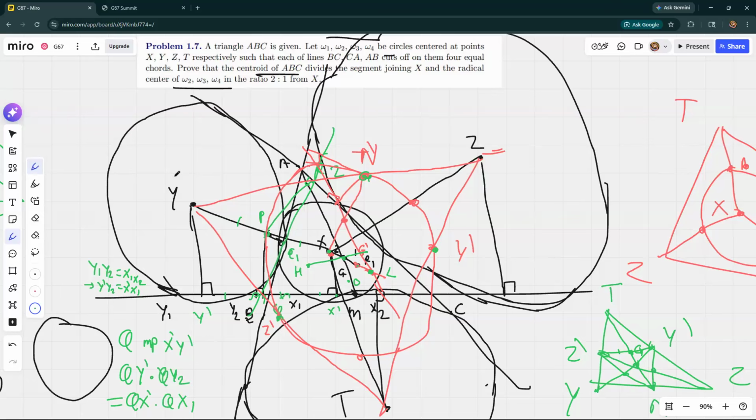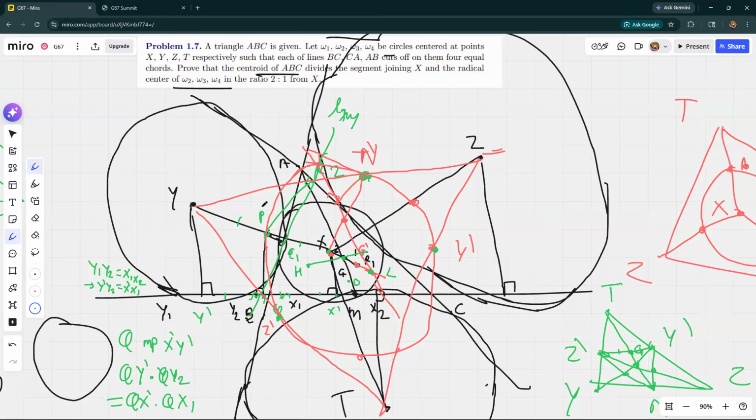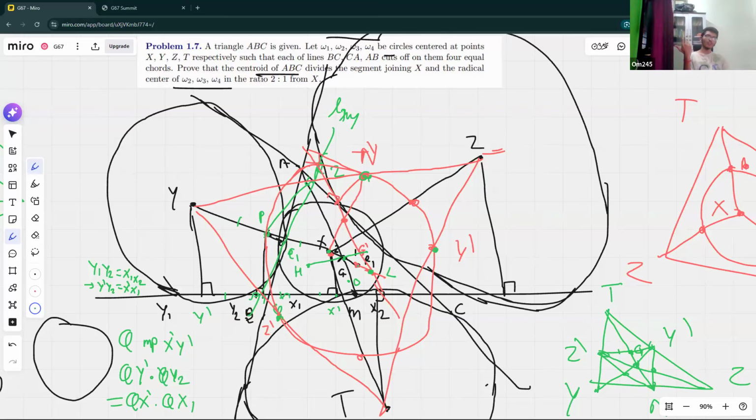If you take this homothety, let's call the green radical axis you drew LXY, and we can name the others similarly. You consider a homothety taking LYZ, LZT, and LTY to the perpendicular bisectors of YZ, ZT, and TY.